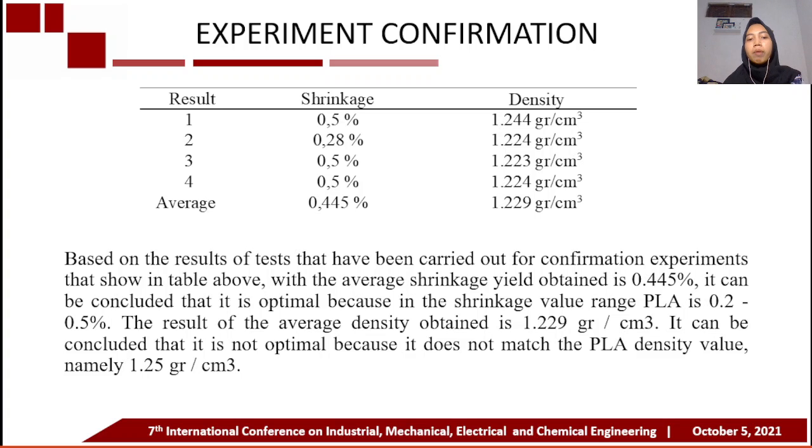The result of the average density obtained is 1.229 gram per cubic centimeter. It can be concluded that it is not optimal because it does not match the PLA density value, namely 1.25 gram per cubic centimeter.